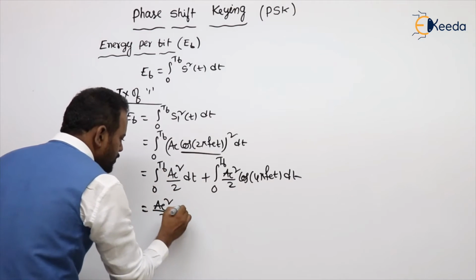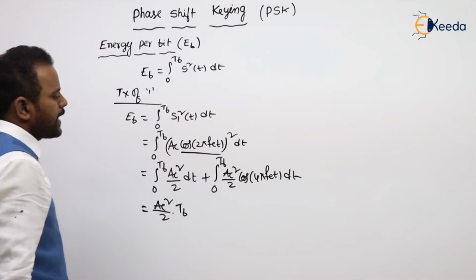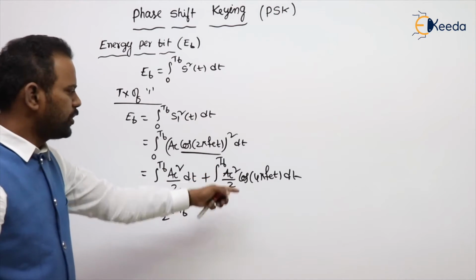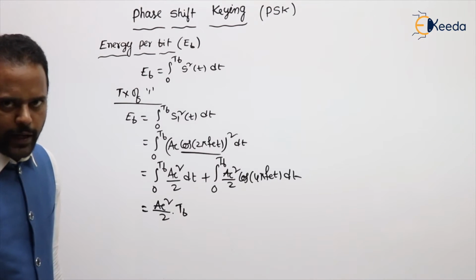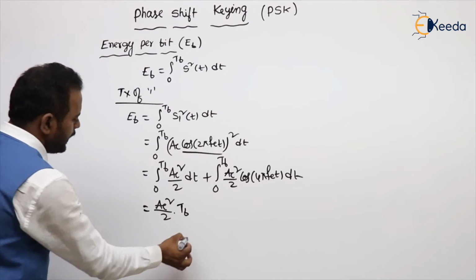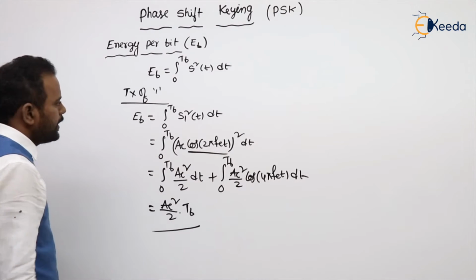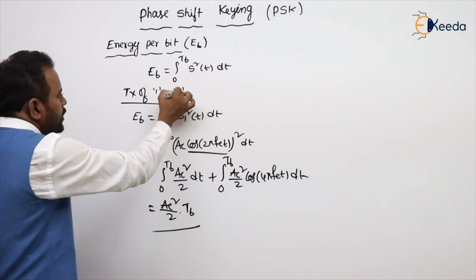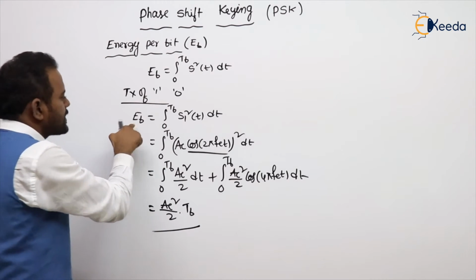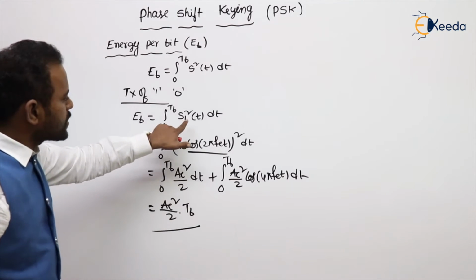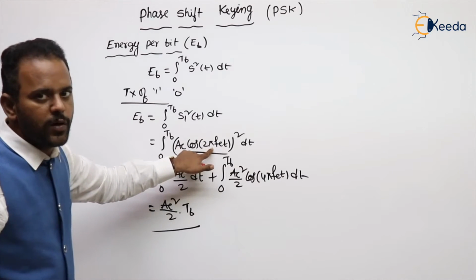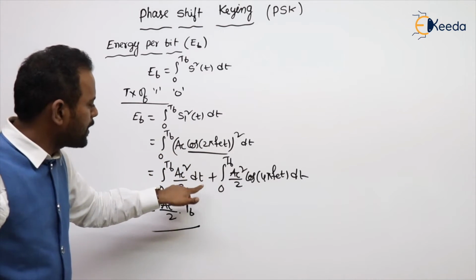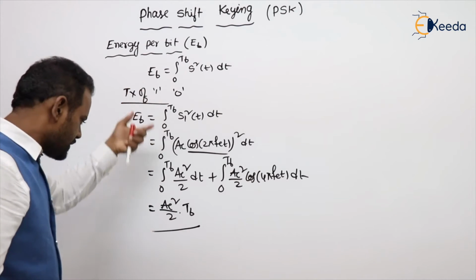Limits are Tb minus 0, so Tb. Second one value will be 0 because area under that is 0, we already know. Got my point or not? Now, in the similar manner, if you calculate even for 0 also, I will get the same value. Why? Because S2 is minus Ac cos 2π fc t whole squared, minus is becoming a plus only because we are squaring, same you will get.